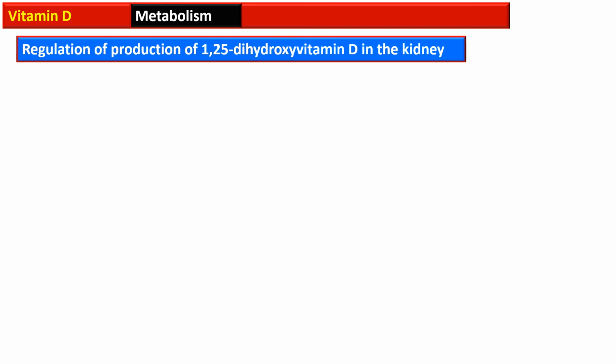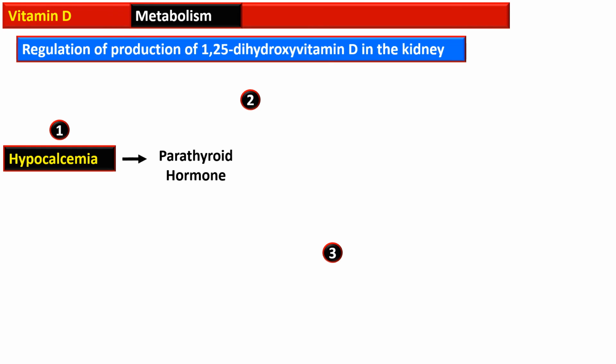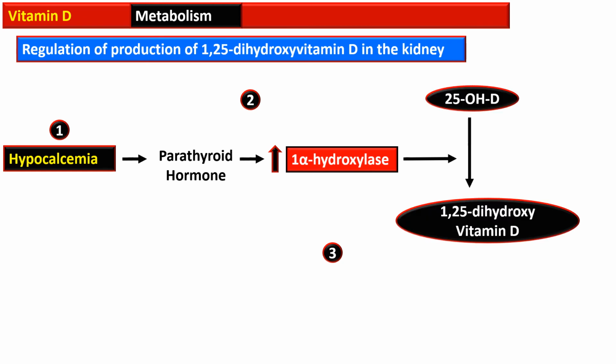The regulation of the production of vitamin D in the kidney is through three mechanisms. When there is hypocalcemia, it induces the release of parathyroid hormone from the parathyroid gland, and this in turn increases alpha-1 hydroxylase activity in the kidney tubule, and this alpha-1 hydroxylase activity will convert the 25 hydroxy vitamin D into 1,25 dihydroxy vitamin D. This conversion is also facilitated by hypophosphatemia indirectly.